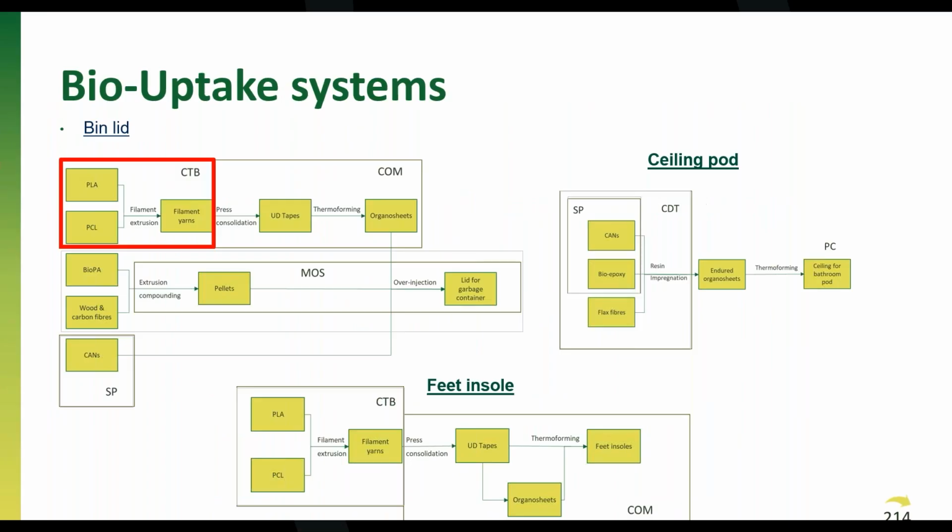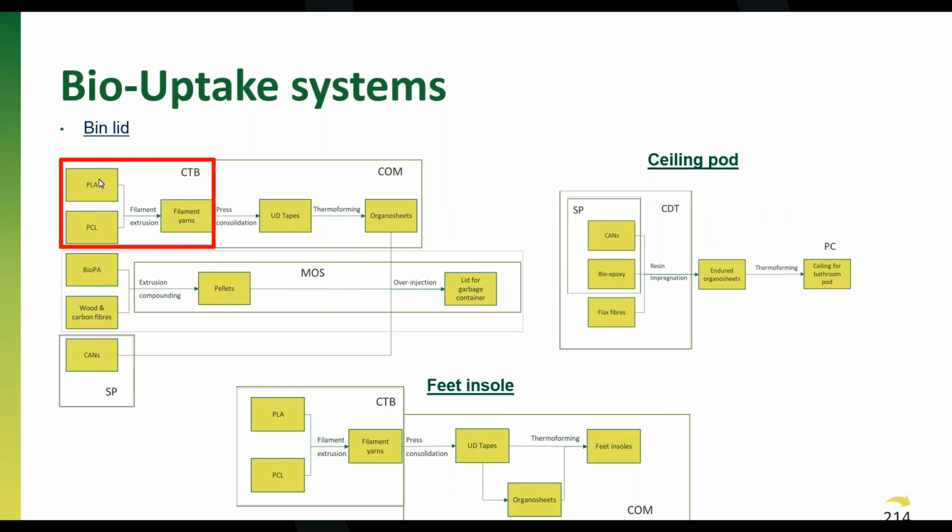So for those bio-based Bio-Uptake products, you've seen a flowchart previously. We looked at that flowchart again and redid it. We had the partners that provided us with the data.